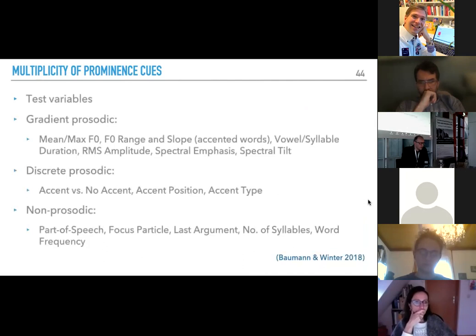So we tested 3 classes of variables: gradient prosodic ones, like F0 range, spectral tilt, duration; discrete prosodic variables, like accent position or accent type; and non-prosodic variables like part of speech, word frequency, and so on.